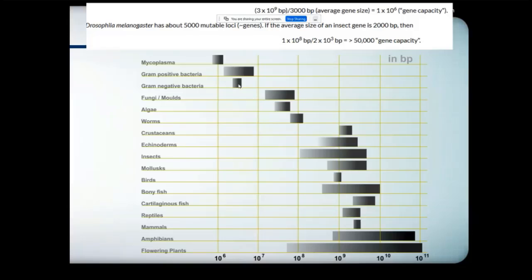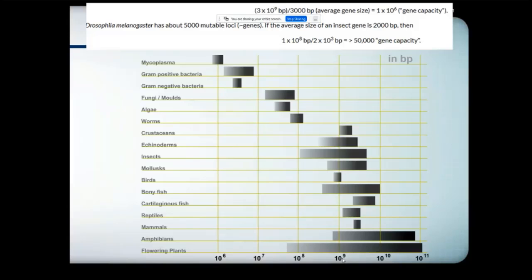Gram-positive and gram-negative bacteria have an overall genome size in the range of 10 raised to 6 to 10 raised to 7. In fungi, algae, and molds, it is in the range of 10 raised to 7 to 10 raised to 8. And crustaceans, echinoderms, insects, mollusks, birds, etc., may range from 10 raised to 8 to 10 raised to 10.